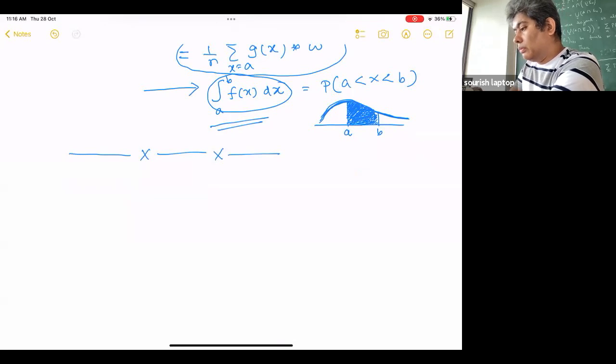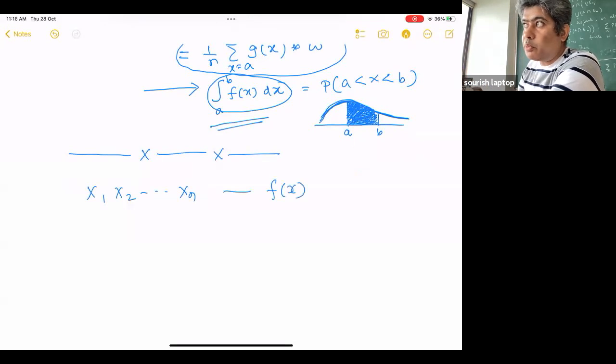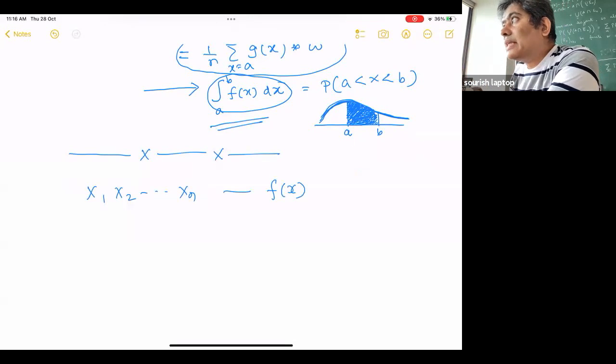All right, so essentially what we have so far discussed is that we have some distributions x1, x2, up to some n samples from some distribution with probability density function f of x.